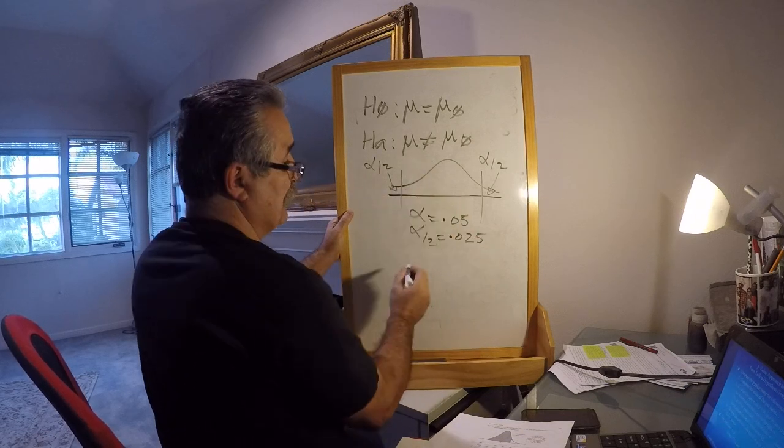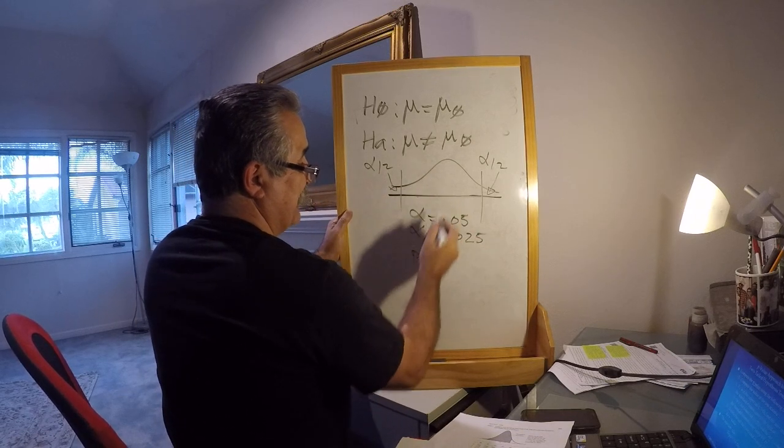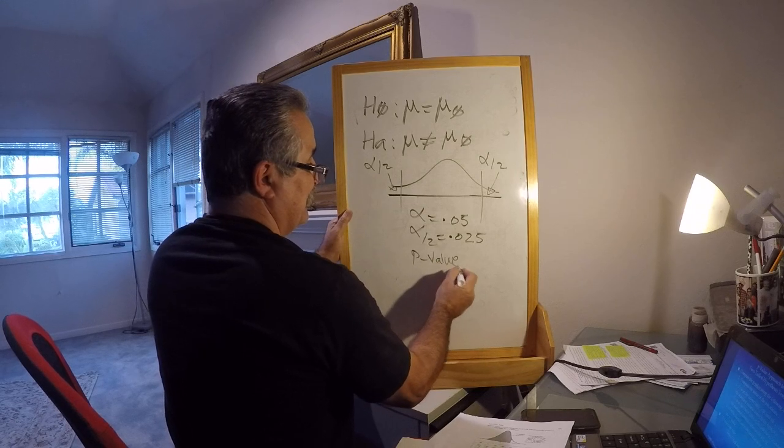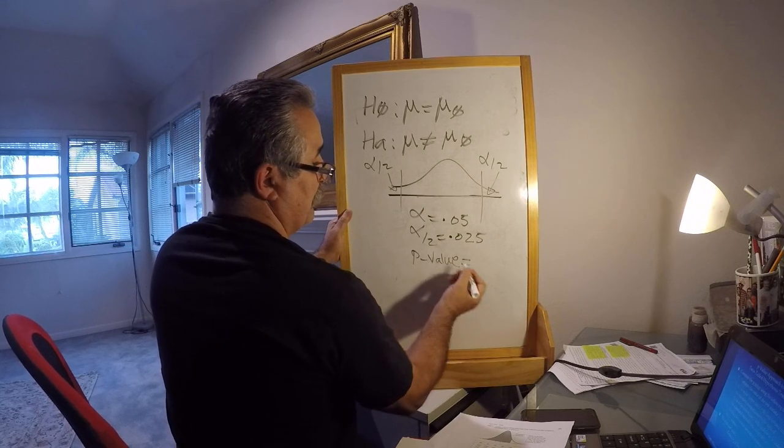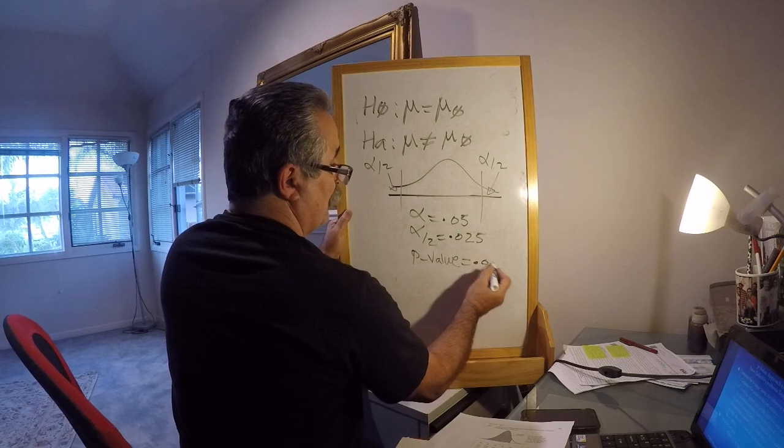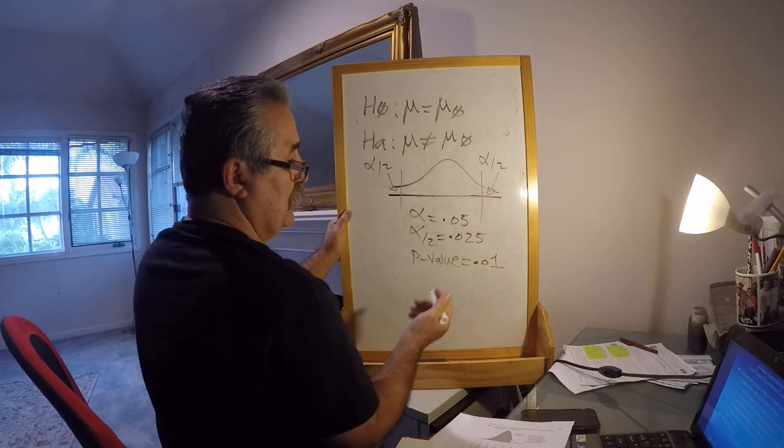When you calculate your p-value, in this case, let's say that your p-value is 0.01, for example.